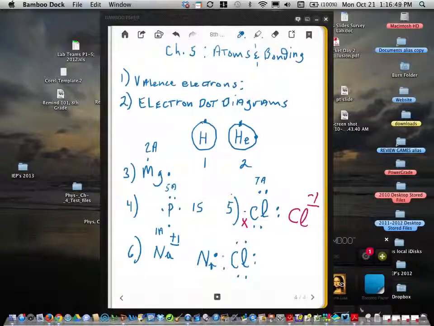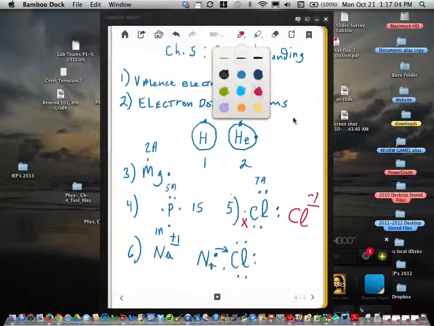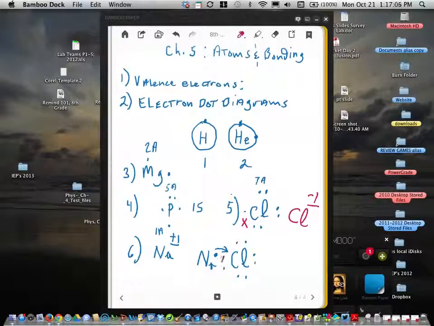When these two combine, sodium will actually donate one of its electrons to chlorine and let it borrow it for short micro periods of time. So there it is. It's occupying that spot.